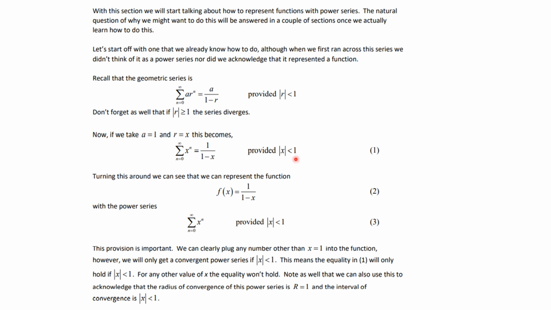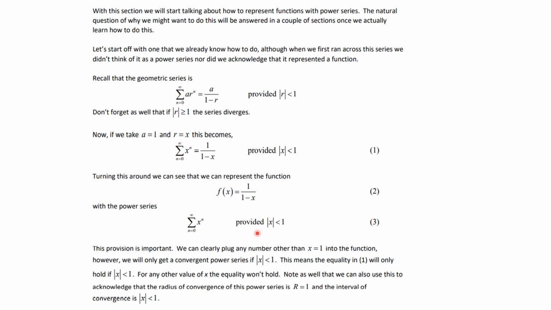Now if we turn this around a bit, starting with this side, we can say that f of x equals 1 over 1 minus x can be represented by the power series, the summation n equals 0 to infinity x to the n, provided the absolute value of x is less than 1.